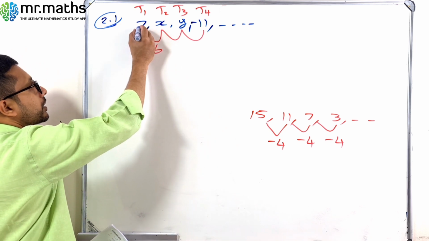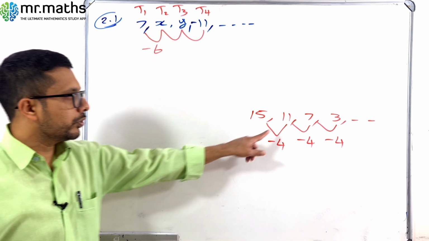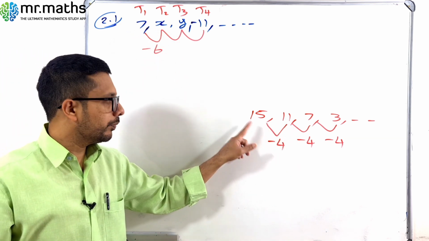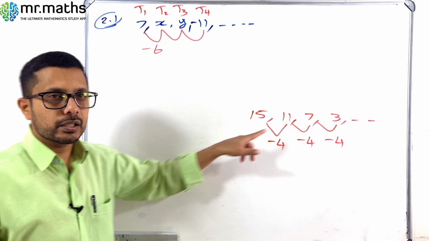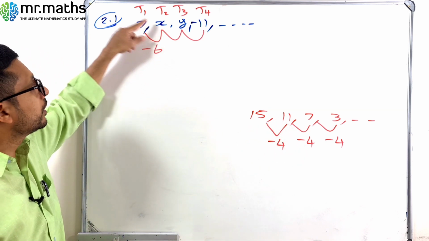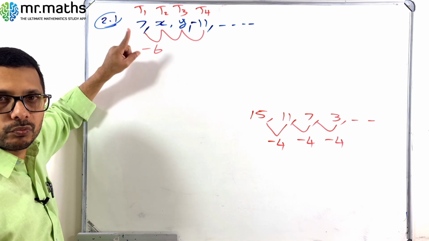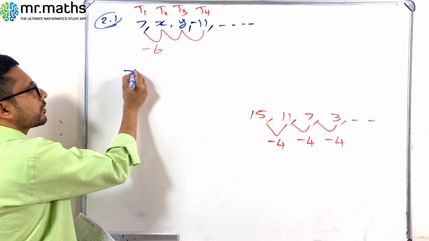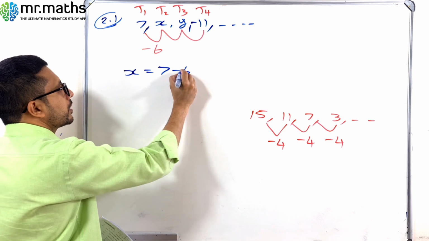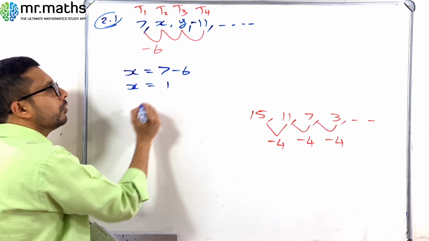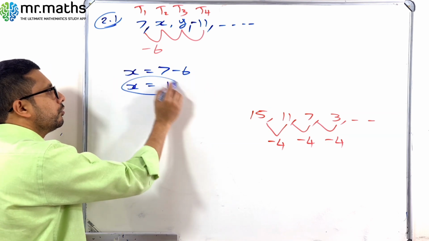This is 7. Like this, how do I get this 11? 15 minus 4, that is 11. So how can I find the value of x? 7 minus 6. What is 7 minus 6? That's 1. So x is equal to 1. So we already got the value of x.